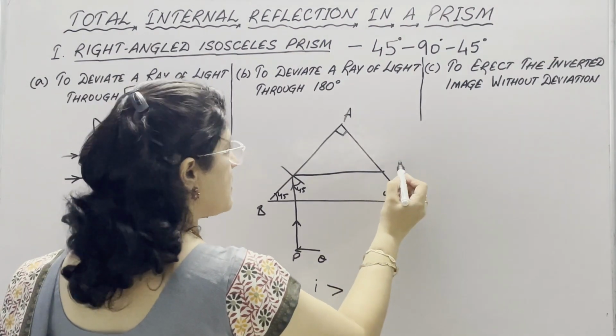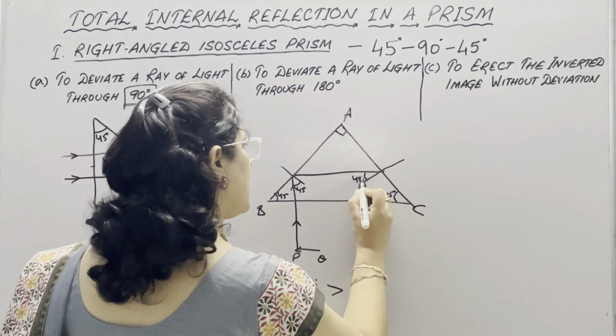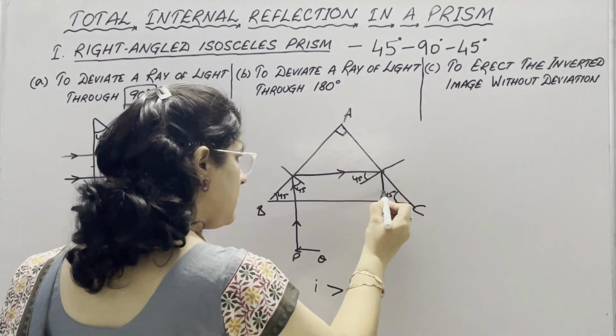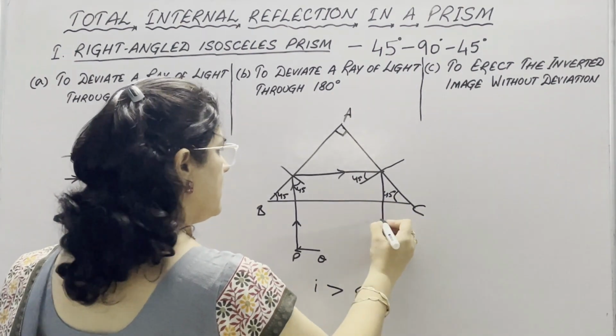Now when it strikes this surface, again 90 and 45, it means 45 degree angle of incidence. Here also it comes back in the prism, TIR again happens and ray passes undeviated.